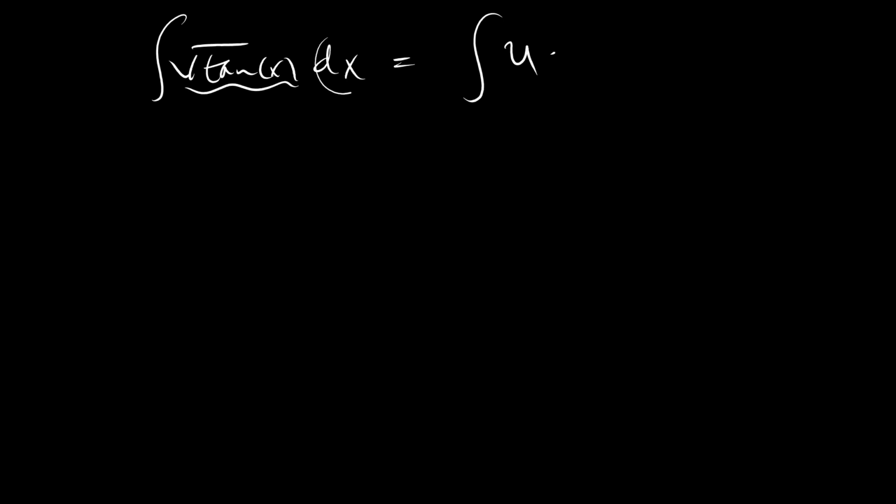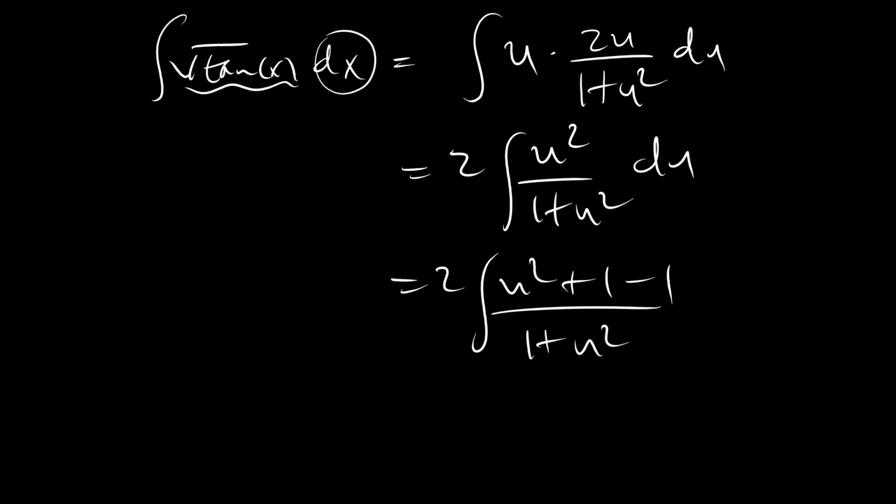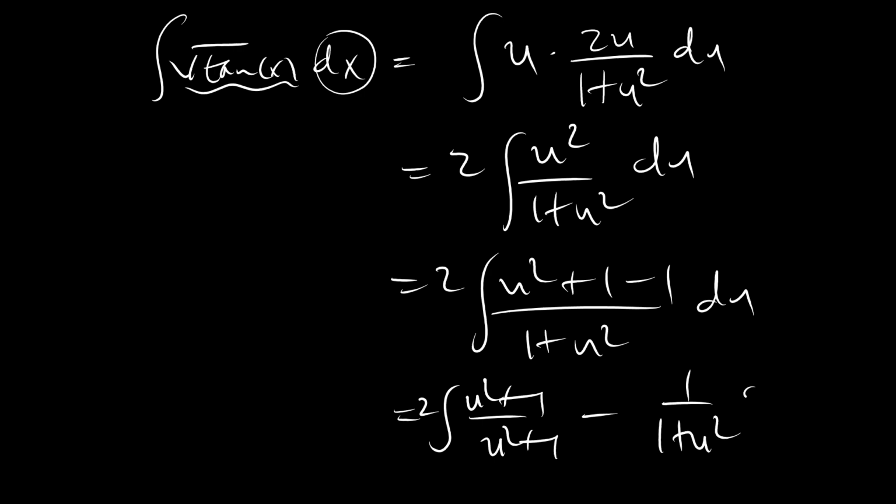In place of dx, we have 2u over 1 plus u squared du, which is 2 u squared over 1 plus u squared du, which is 2 times u squared plus 1 minus 1 over 1 plus u squared du, which is 2 times u squared plus 1 over u squared plus 1 minus 1 over 1 plus u squared.